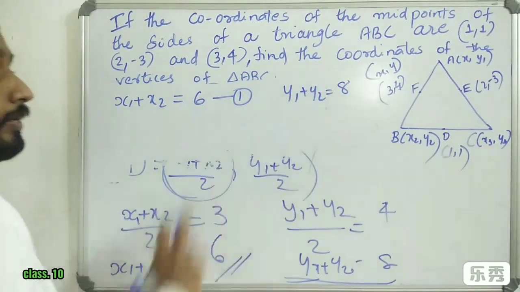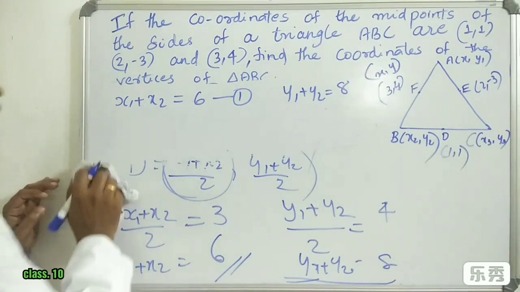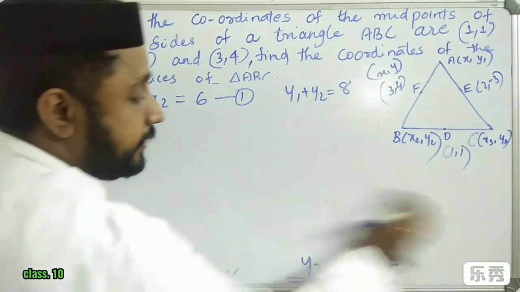Let us give the equations names after writing all the x coordinates. First we considered AB. Now we can consider BC.